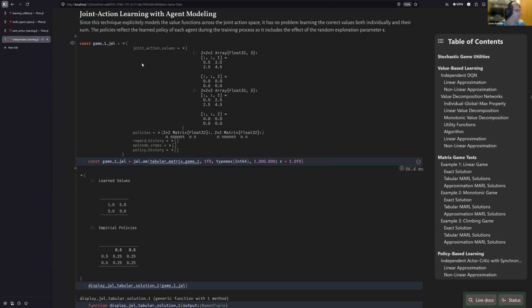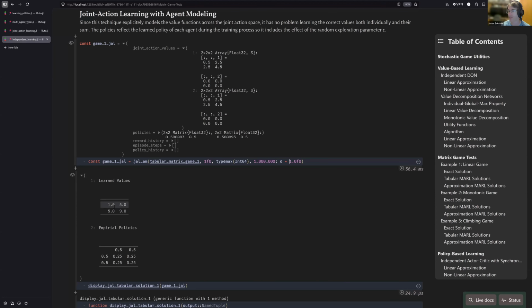This is similar with learning all the joint action values. We can crank up this epsilon to explore everything. Of course, this is only working because this game has one state, basically. So we're just learning the correct action values for this one state.